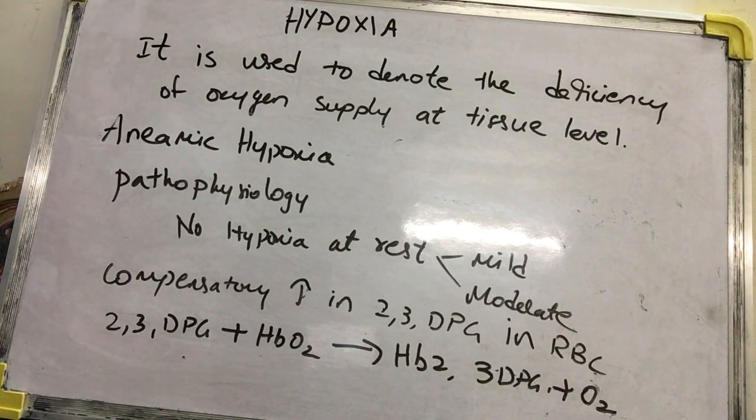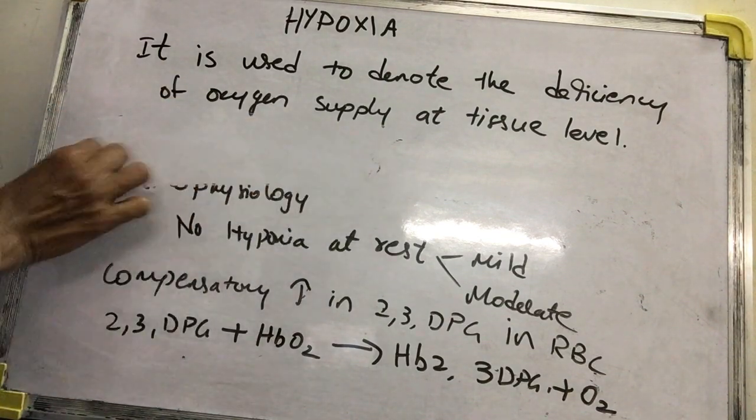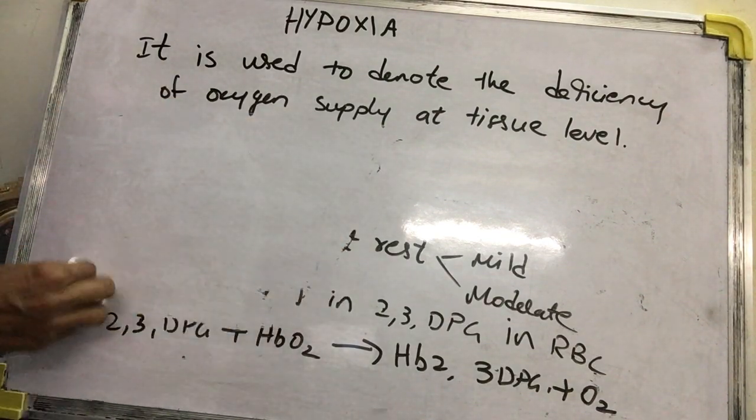That is the reason you will not see any hypoxia at rest in mild and moderate anemia. Whereas in severe anemia, even at rest there can be severe hypoxia because in this condition there will not be any compensatory increase in the 2,3 DPG. So this is about anemic hypoxia.